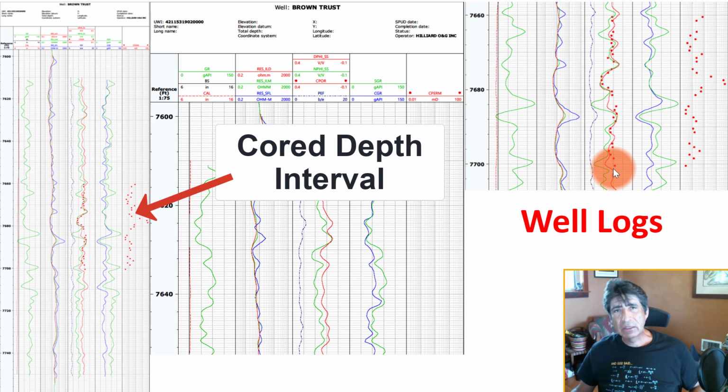And of course, this could also be done for geohydrological applications or for any other application. So that's the reason why core data are very important to match.